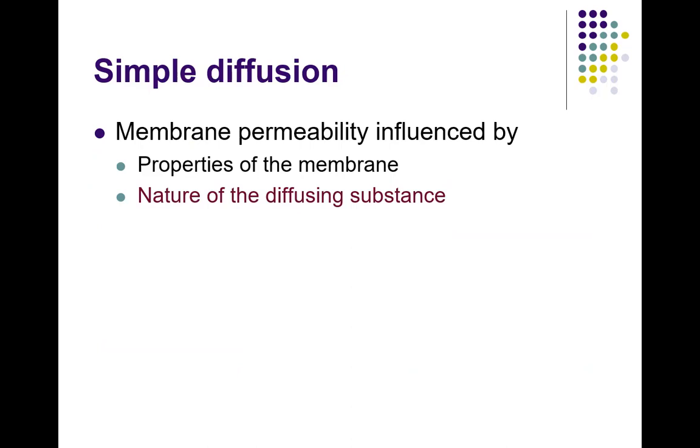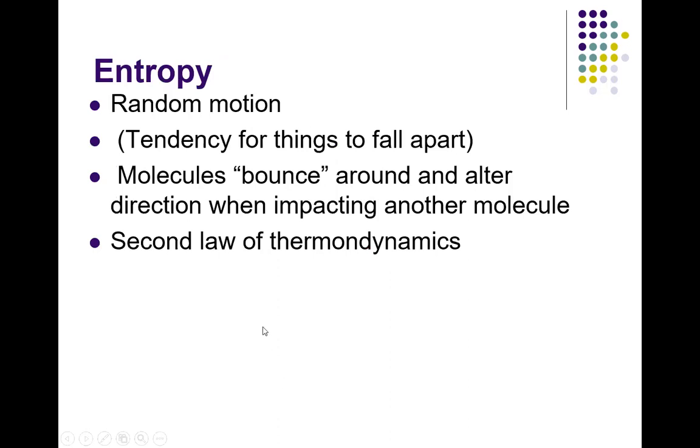You are going to see that things go from that high concentration to low concentration, and if you're using simple diffusion to get into a cell, it's going to have to be something that is lipid soluble, so small, non-charged, that can go from a high concentration to low concentration, either into or out of the cell. So we're going to be looking at those things.